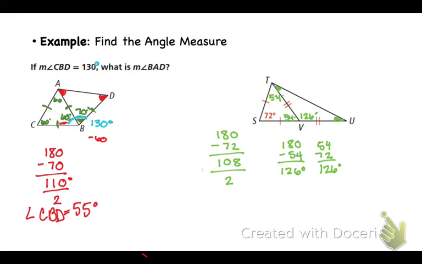Take 180 minus 126. So 54 divided by 2. So it's 27. So here is 27 and down there at the bottom it's 27. So you did get that one a little bit better.